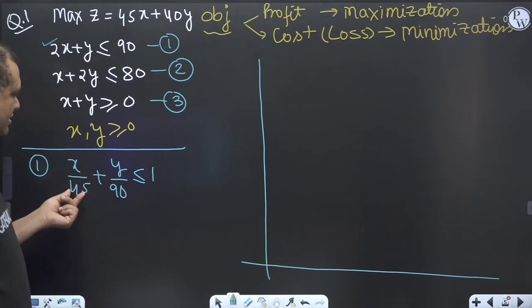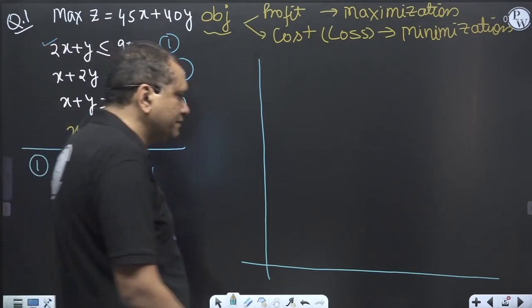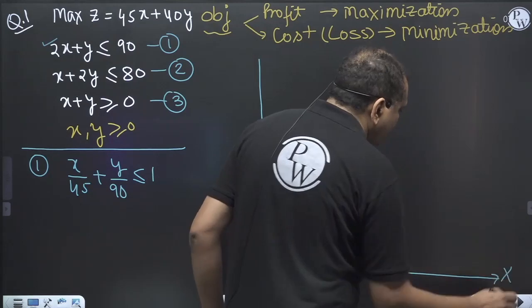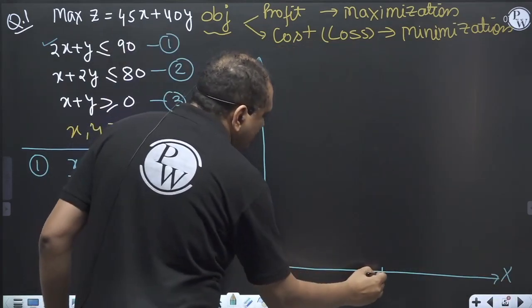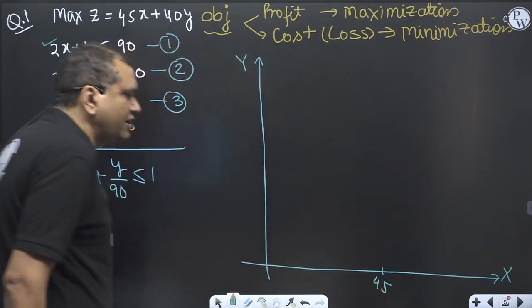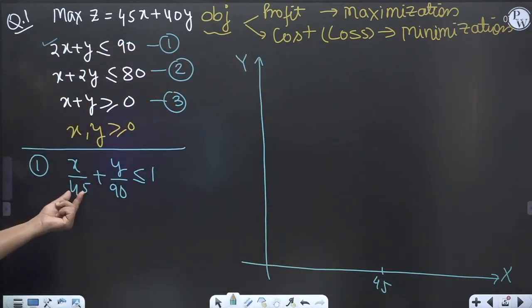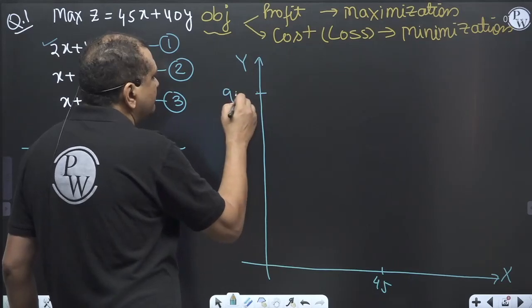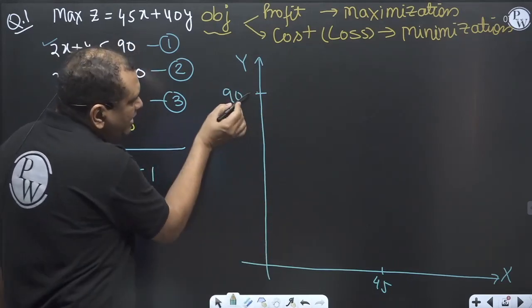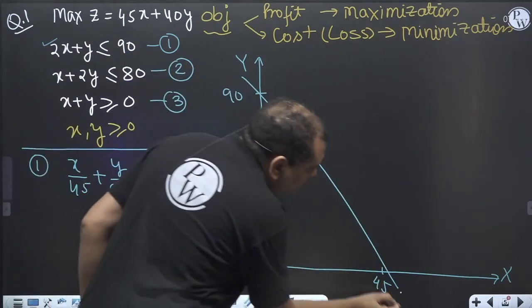So the x-axis intercept is 45, and the y-axis intercept is 90. And my line is this.